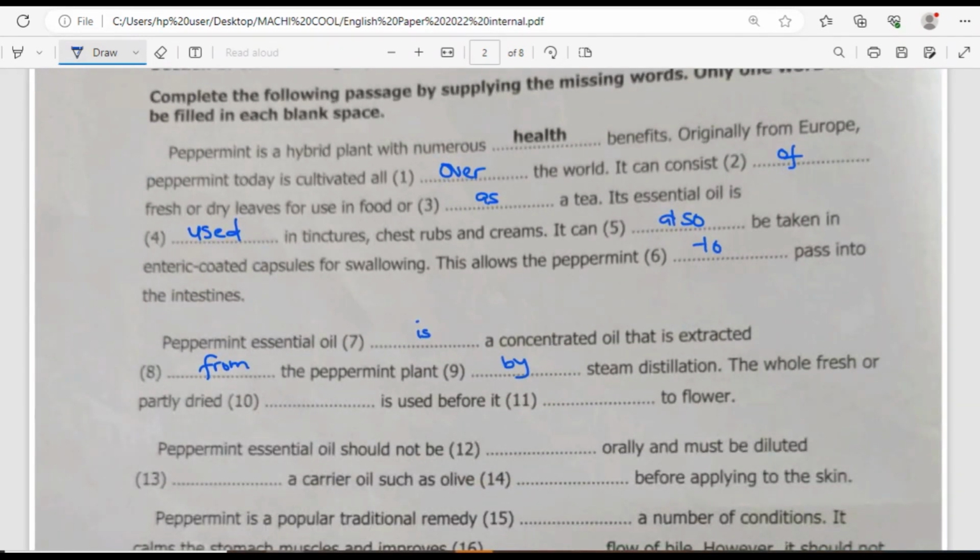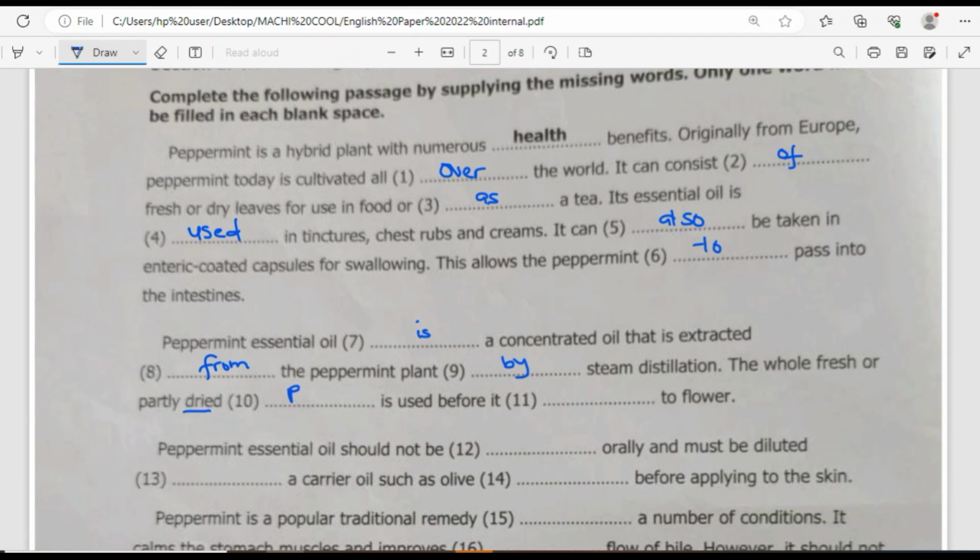By steam distillation, the whole fresh or partly dried plant is used before it flowers.